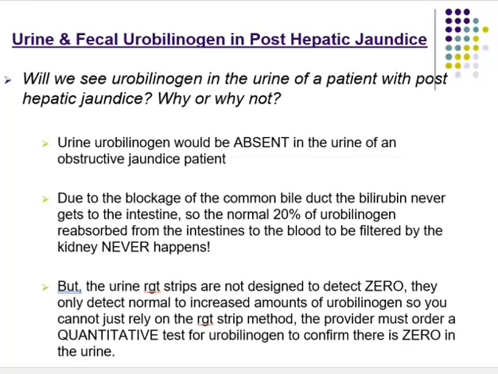The provider must order a quantitative test for urobilinogen to confirm there is zero urobilinogen in urine. So the doctor or provider is going to have to order a more sensitive chemistry test to get that answer of zero urobilinogen. It cannot be done with your regular old urine reagent dipstick.